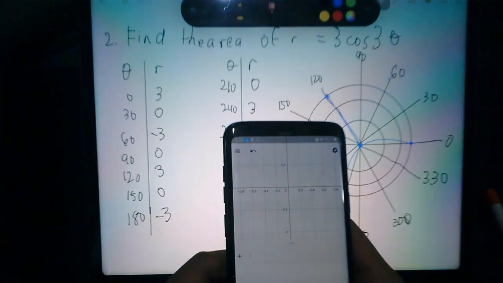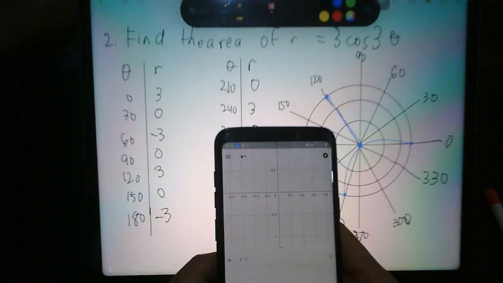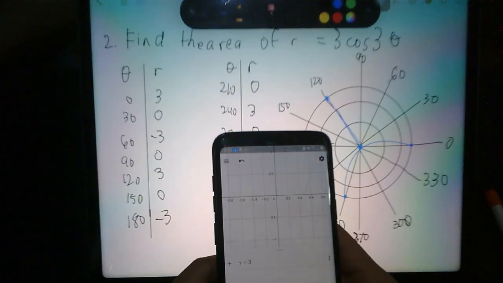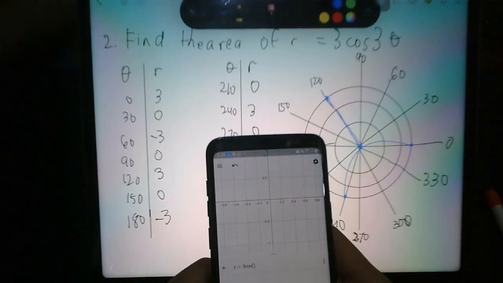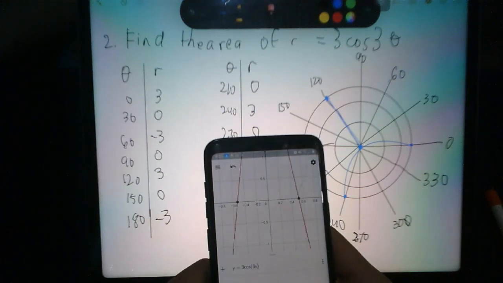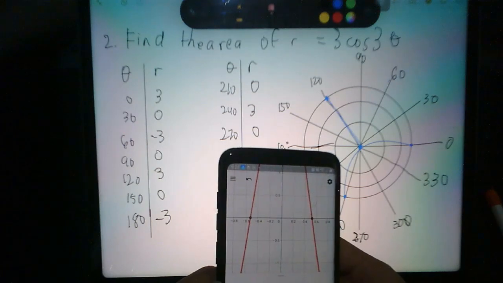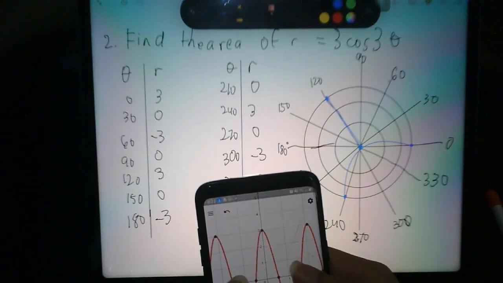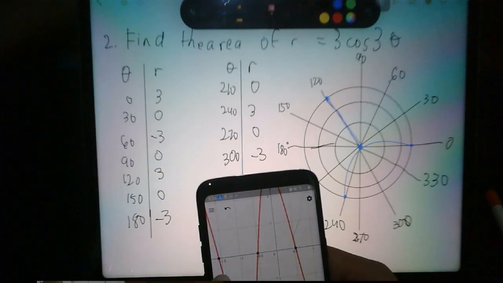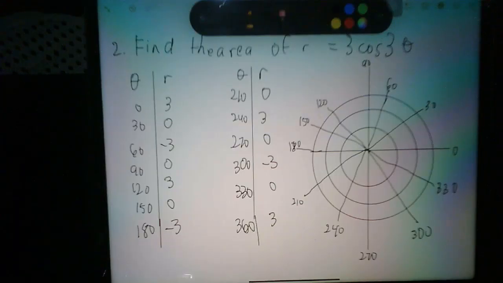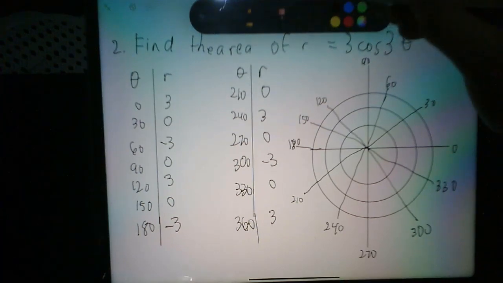So if y equals 3 cosine of 3x, 3 cosine 3x. Again we plot our points.